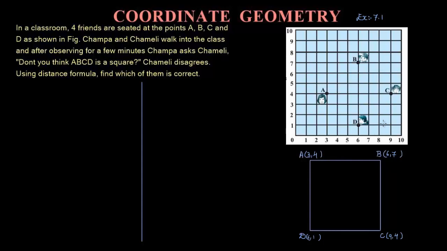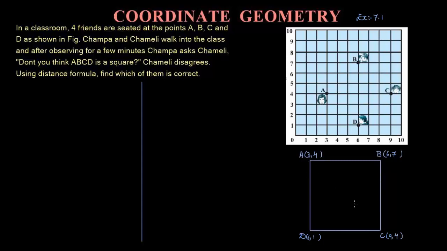Before going to that, we need to recall the properties of the square. What is the first property? A very important property of the square: all the 4 sides of the square will always be equal. And also the diagonals of the square will be equal. What is a diagonal? A diagonal is a line which divides the figure into 2 equal halves.